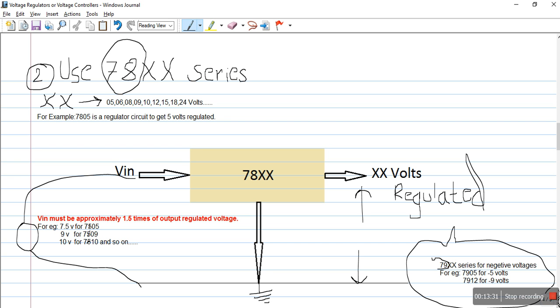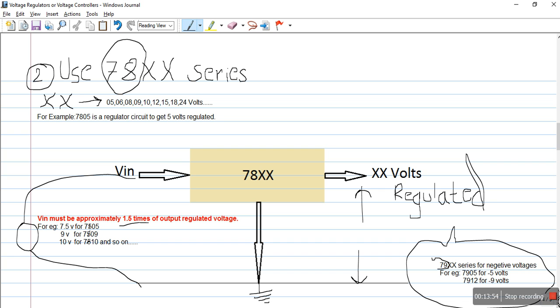But there is one condition actually. One condition always needs to be fulfilled to get some fixed regulated voltage at the output side. What is that condition? Input voltage must be 1.5 times the output regulated voltage. Let's say if I want 10 volts regulated voltage, my input should be at least 1.5 times 10, that is 15 volt.